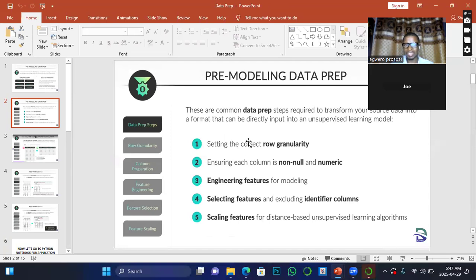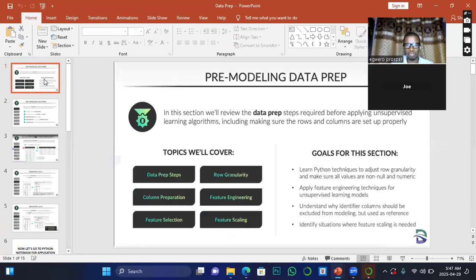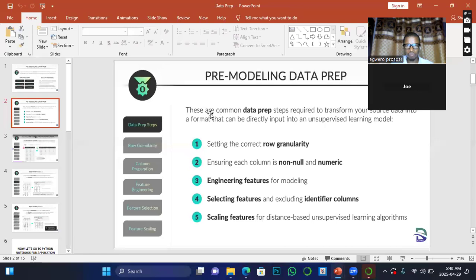So these are the steps we are expected to go through. We are going to start with setting the correct row granularity. Then we'll also look at ensuring each column is non-null and numeric, which means that there are no missing values and they are all numbers. We also do what we call feature engineering, which I've already highlighted, for modeling, selecting features.